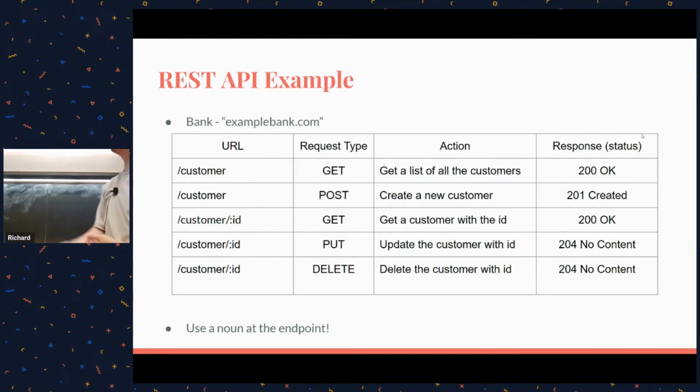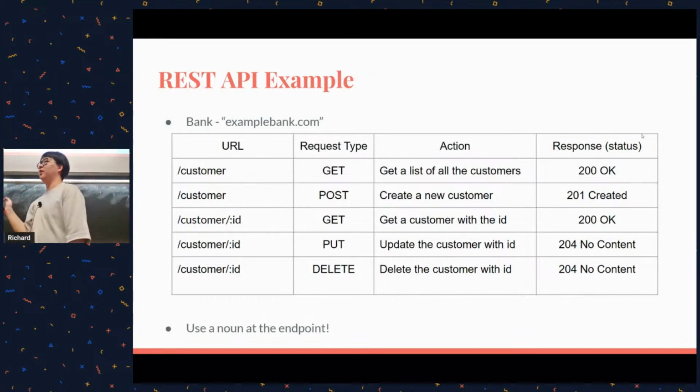DELETE, reply with that. But one thing you want to know here is the word choices that you use in your endpoints. Those are endpoints because it's the end of a URL. You want to make sure you're using nouns all the time. That is the standard.